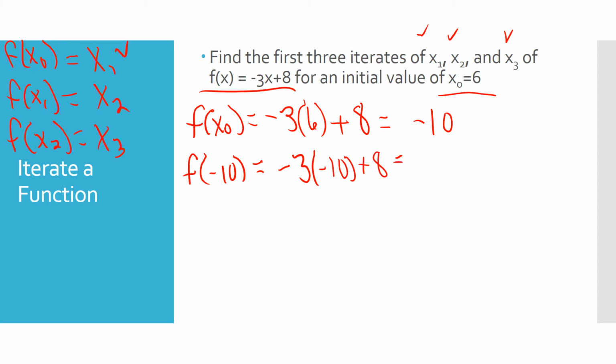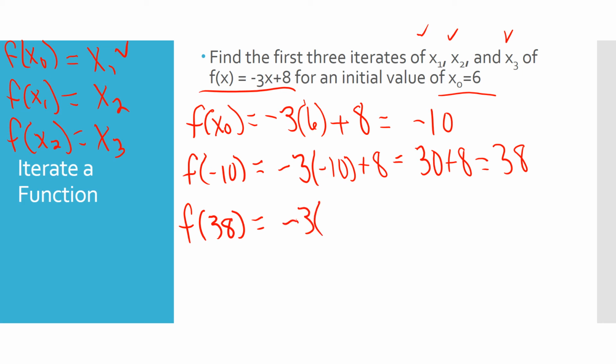Negative 3 times negative 10 is going to give me 30. Two negatives multiplied together give a positive, and 30 plus 8, let me just write it out, equals 38. And then f of x subscript 2, which is 38, in order to determine x subscript 3, I've got negative 3 times 38 plus 8.